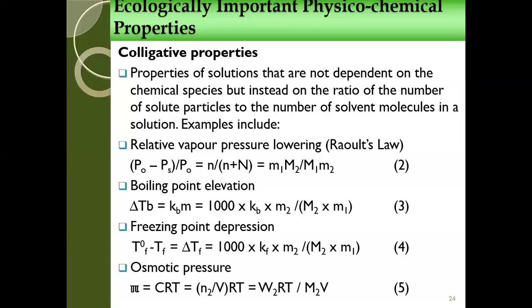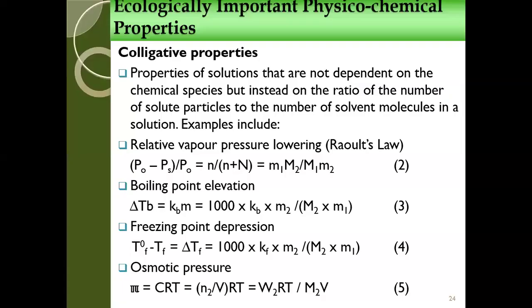The number of moles of sodium chloride is the mass of sodium chloride divided by its molar mass, which is 10 grams divided by 58.44 grams per mole. Now you are dividing that 10 grams over 58.44 by 0.1 kilogram.